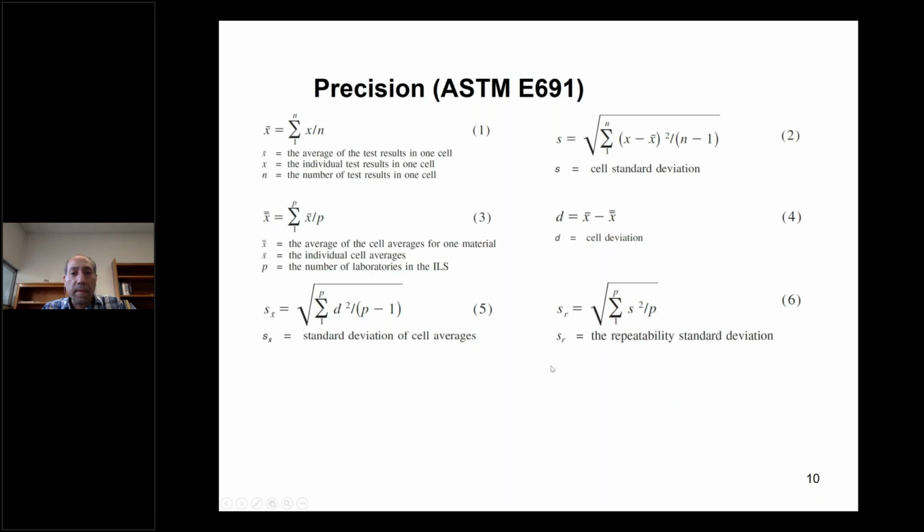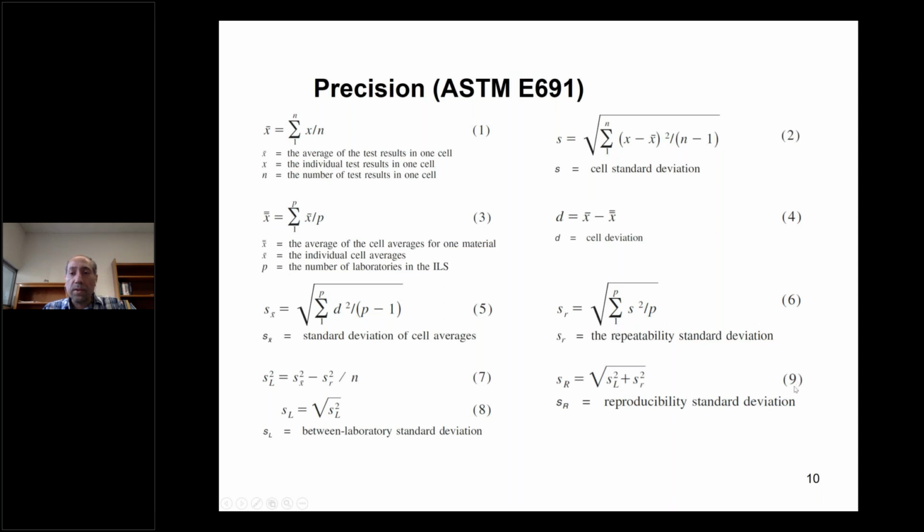And equation 6 shows another parameter, which is S sub r. This one is the repeatability standard deviation. Then we can calculate S sub L, which is between laboratory standard deviation, using equations 7 and 8.